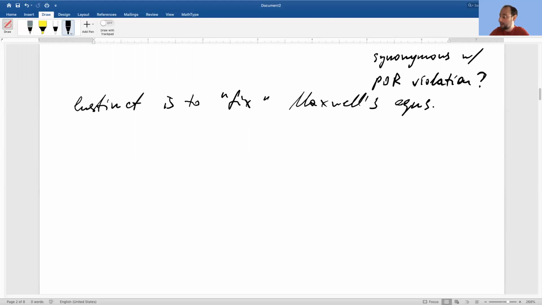Okay, so maybe it's not Maxwell's equations that have to be fixed, but maybe one has to accept that, well, maybe POR is not the overarching principle of everything.